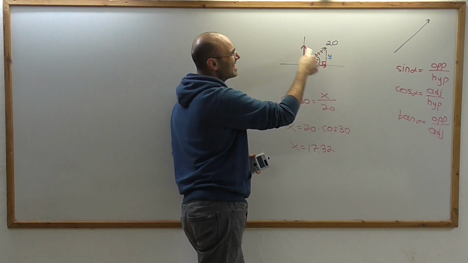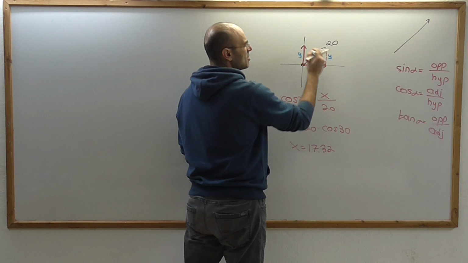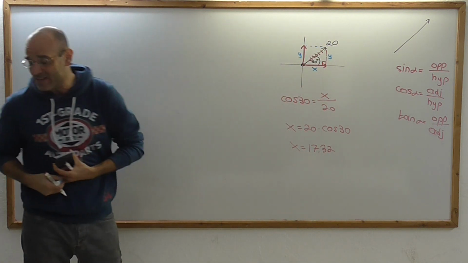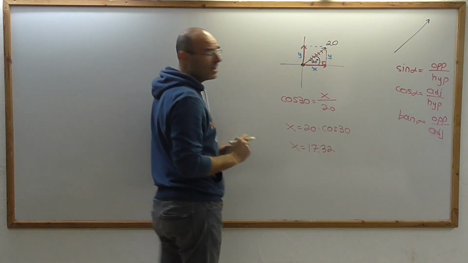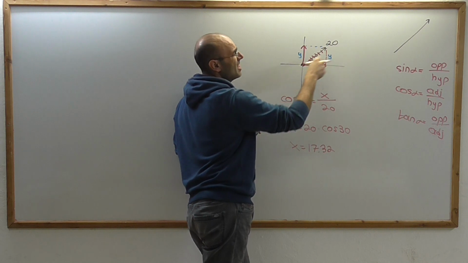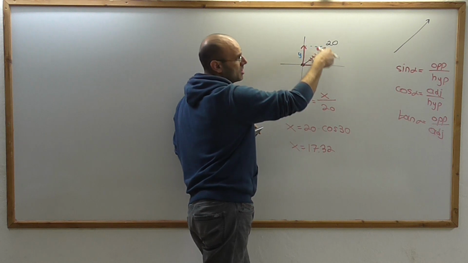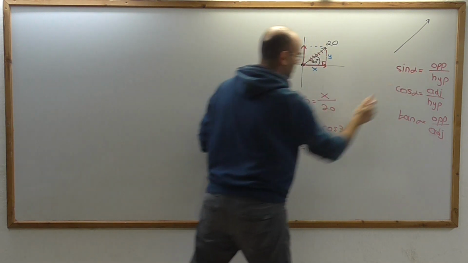Suppose I want the y component. This component is exactly the same as this one, because if I close it here, it's like a rectangle. This and this are the same. If I want the y, it's opposite the angle, opposite the 30. So I want the opposite, up, and I have the hypotenuse. Opposite over hypotenuse corresponds to the sine.